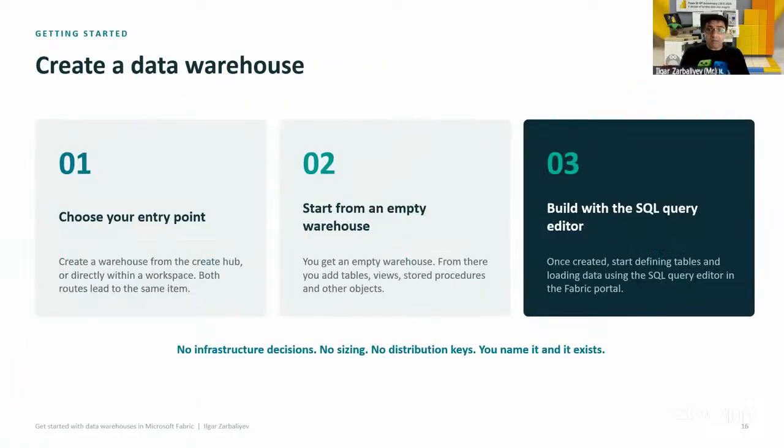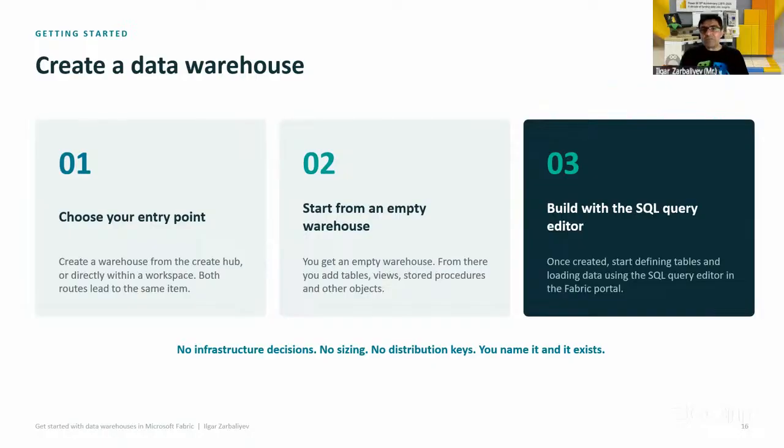Creating the warehouse itself is almost anticlimactic, and that's the point. You can create a data warehouse in Fabric from the Create Hub or from within a workspace. Both routes give you the same item, so use whichever fits your workflow.